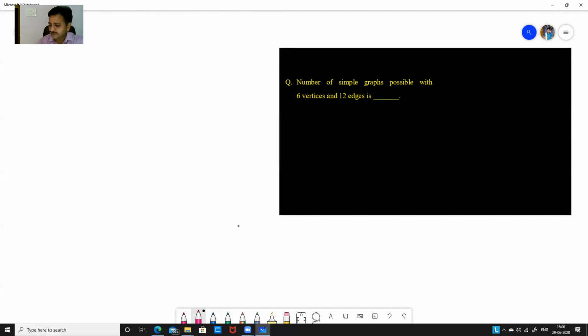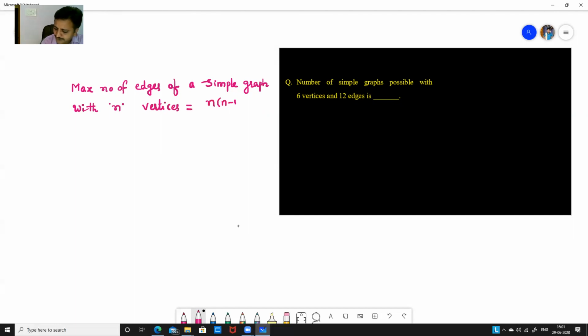Suppose if I ask maximum number of edges possible for the given graph with 6 vertices. Max number of edges of a simple graph with n vertices is equal to n into n minus 1 by 2.